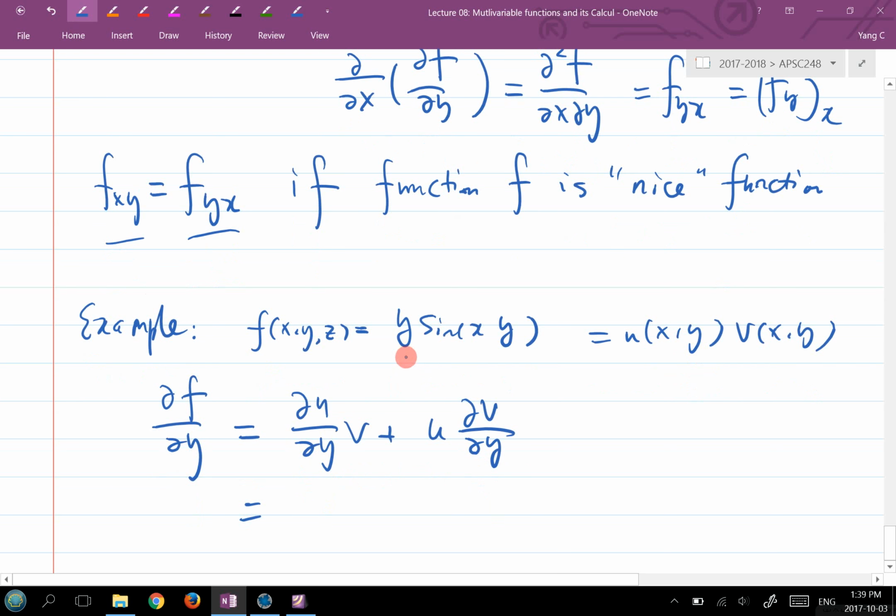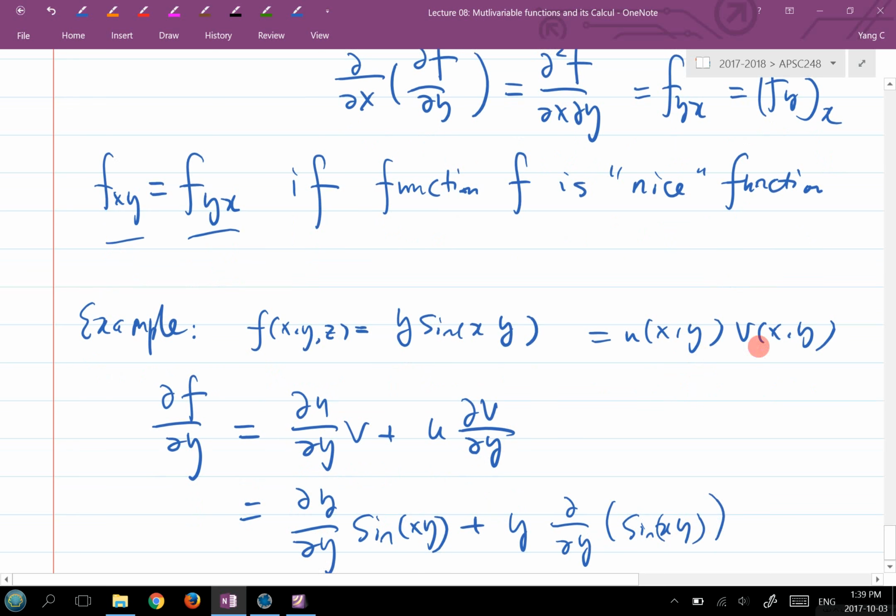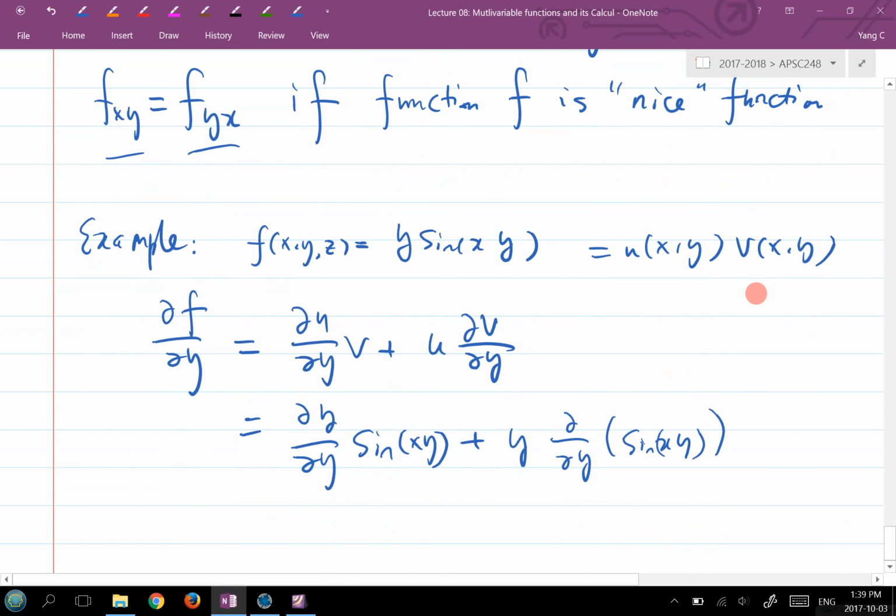So this portion here is just partial y over partial y, which is actually dy over dy, right? Times v, which is sine xy. And then y times partial over partial y of sine xy. So if I write it in detail, that would be this.